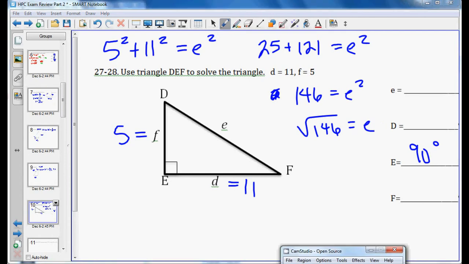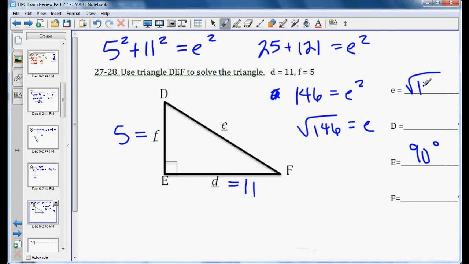Okay, so we now know E is the square root of 146. And we have all the sides, so we can start solving for the angles. It doesn't really matter. You can solve for D or F next. You can choose. I'm going to pick D. It's best to use this side and this side because we know them exactly. This is the opposite. This is the adjacent. So we can use tangent to help figure this out.